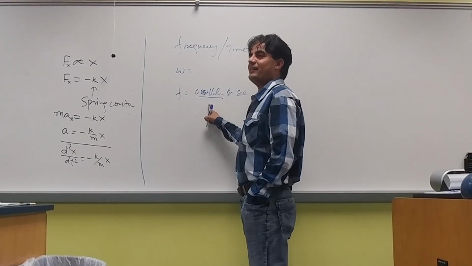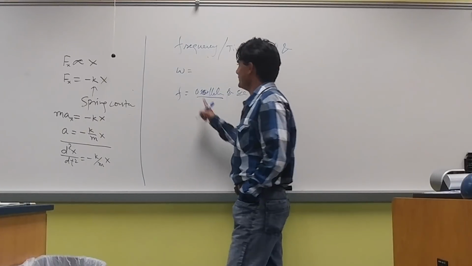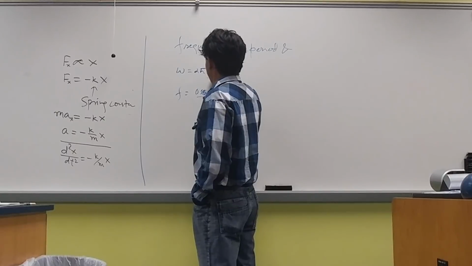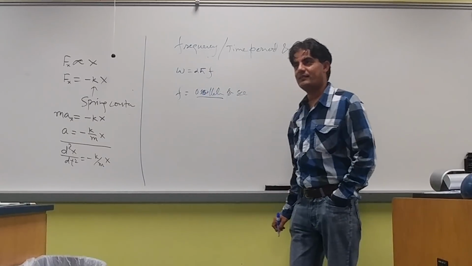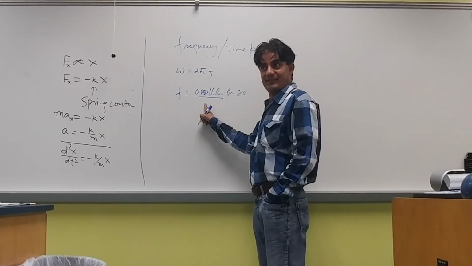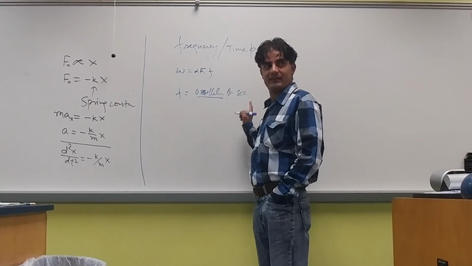One oscillation means 2 pi angle. So basically omega is 2 pi f. Do you follow? Because one f has 2 pi angle in it.